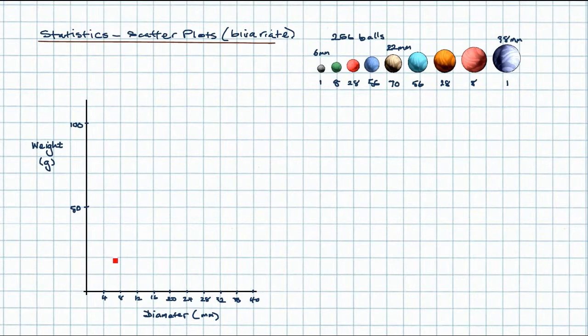So if this is 20 here, and this is my average ball at 6 millimeters, then I can plot this here. Diameter against weight gives me 20 grams. And let's say in this class interval here, between 36 and 40, we've got this 38 millimeter ball. We've only got one of those, so let's plot him at 100 grams.